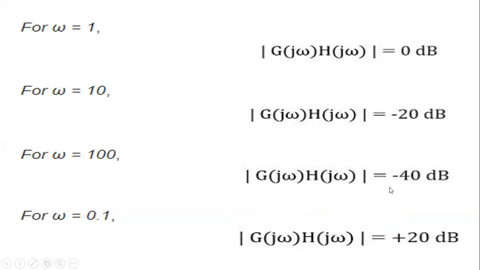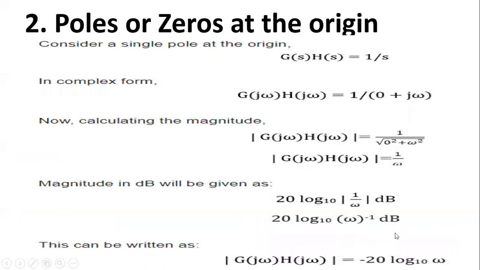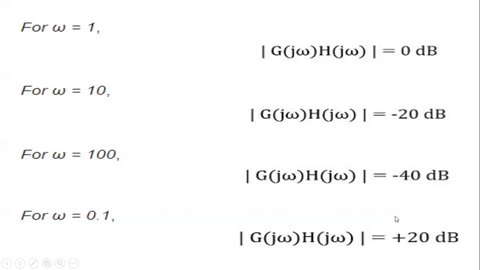So we get minus 40. For omega is equal to 0.1, we get modulus of G of j omega is equal to plus 20. Plus 20 we get because 1 by 10 power minus 1, so the minus goes, and log 10 base 10 is equal to 1. So it will be plus 20. That's how we get plus 20 decibels.